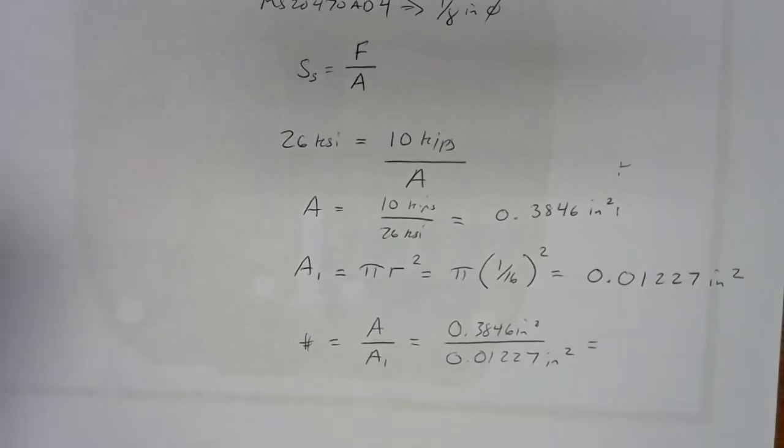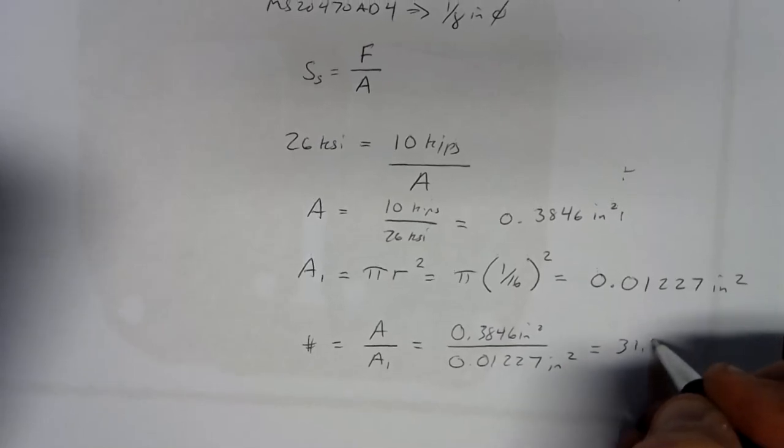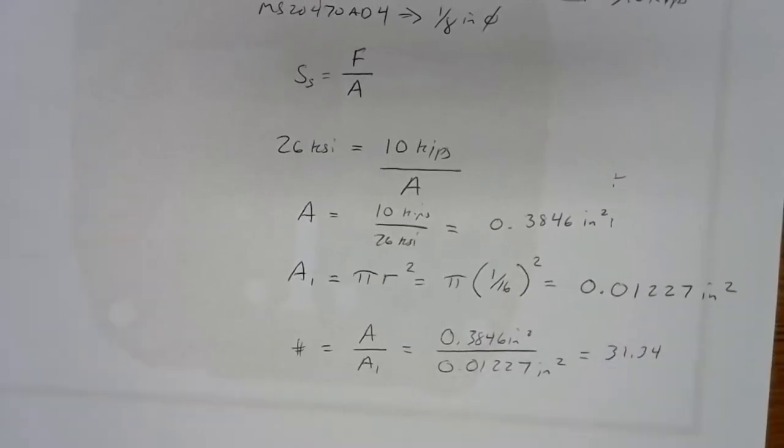Well, if we divide that out, I get 31.34 rivets. Now I'm going to have a hard time finding a 0.34 rivet in the bin. And since this is the minimum area we need to get to our maximum stress, we want more area.